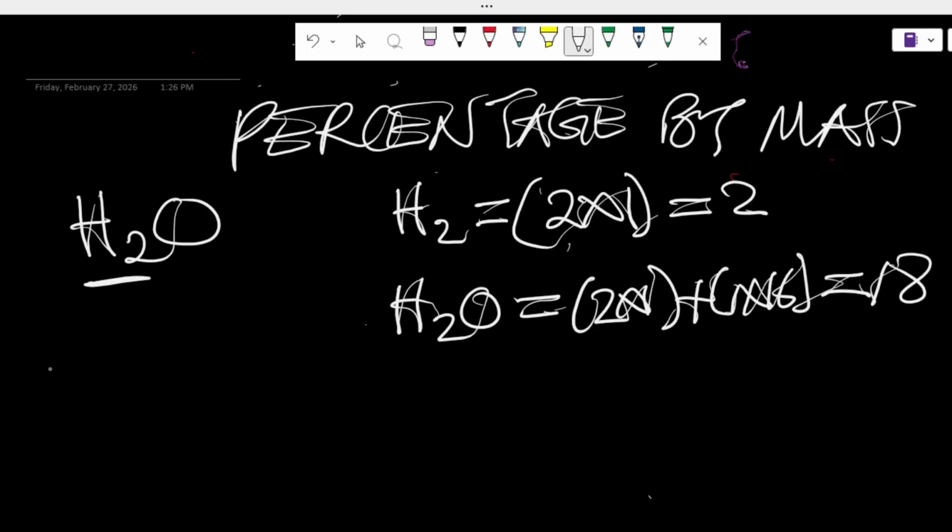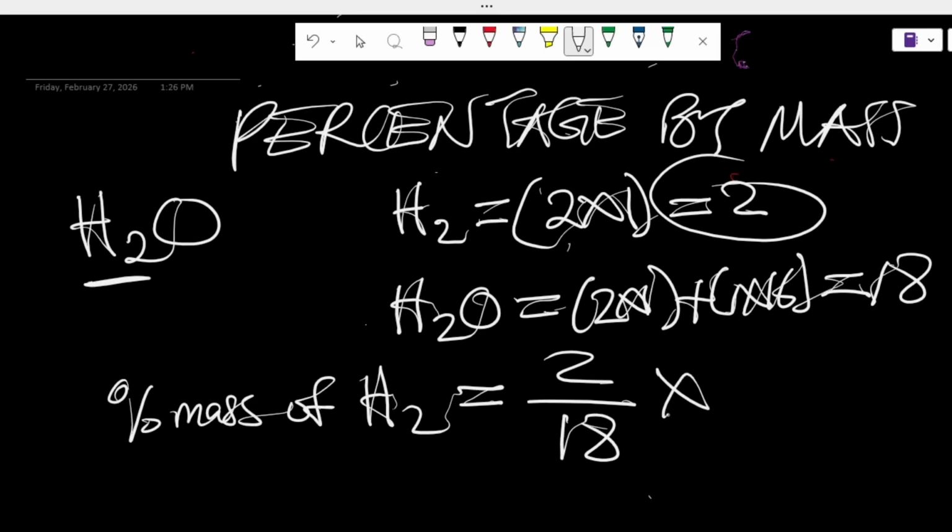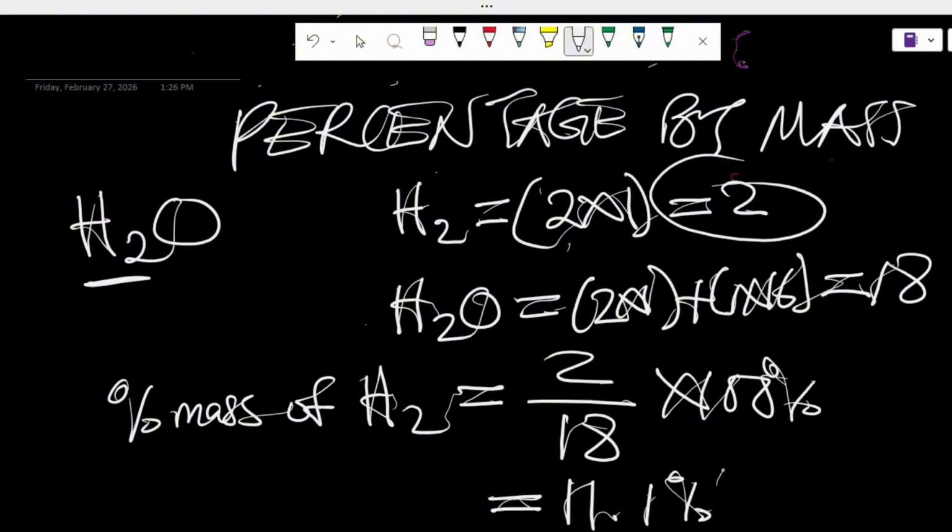So the percentage by mass of hydrogen is the amount of hydrogen, which is 2, over the total amount, which is 18, multiplied by 100%. And this is going to give us 11.1%. So this is the percentage by mass of hydrogen.